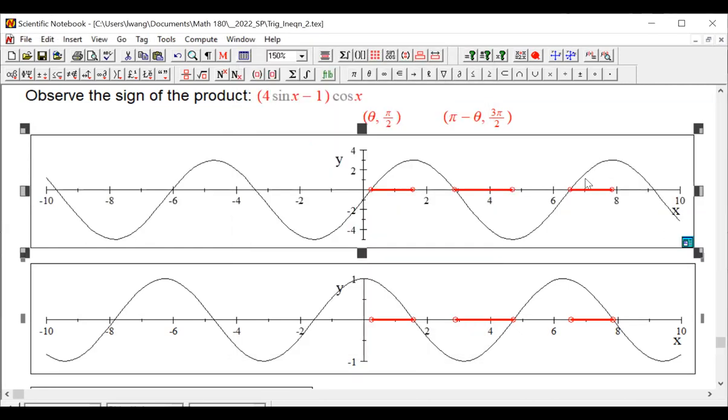This piece is positive times positive equals positive.